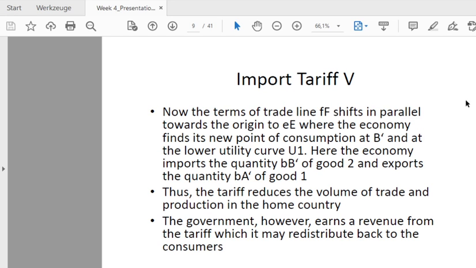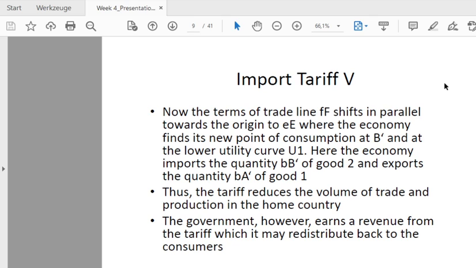Now the terms of trade line FF shifts in parallel towards the origin to the position EE, where the economy finds its new point of consumption at B apostrophe and at the lower utility curve U1.